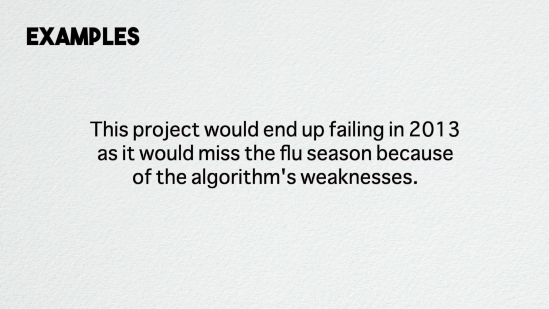One more. This project would end up failing in 2013 as it would miss the flu season because of the algorithm's weaknesses. So we've got end up here. This project would fail. So instead of end up failing, just this project would fail in 2013. It means the same thing. There's no less information conveyed there. One more, just for fun.